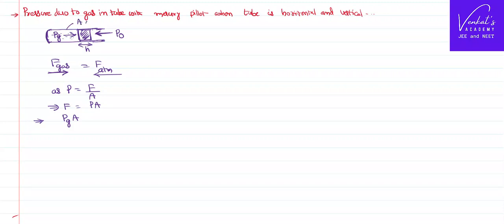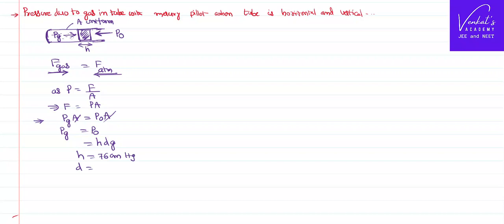Assume this area of cross section is uniform for the tube, that is constant, and the gas has occupied the entire volume. Force due to the atmosphere is P naught into A. Both areas get cancelled. So pressure due to the gas on the mercury pellet is atmospheric pressure itself, where atmospheric pressure can be written as h d g, where h is 76 centimeters of Hg, that is of mercury.